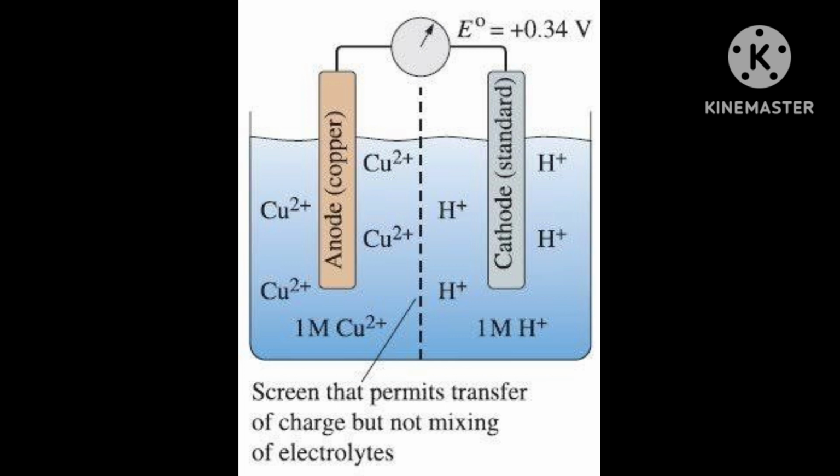Then you have to heat it, put a catalyst, or do something extra. Then the reaction will take place. That type of reaction, which does not proceed by itself, is called non-spontaneous.